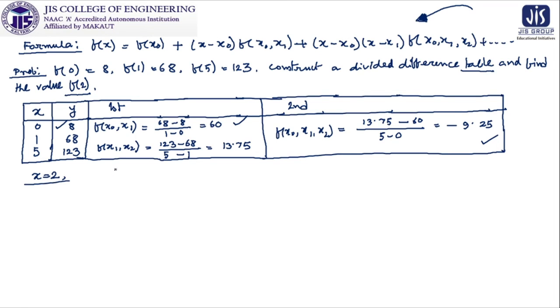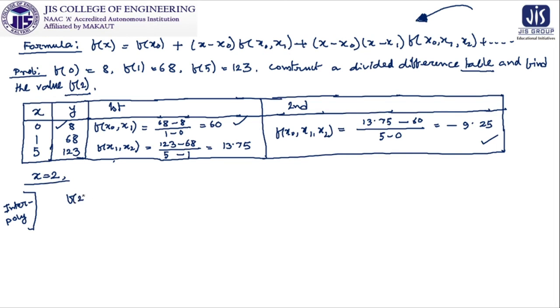Instead of that, if we have to find the interpolating polynomial, then we will not write x equal to 2, we will write the whole equation in terms of x, and we will get the interpolating polynomial. So it is my request that in your leisure time, please find the interpolating polynomial for this divided difference problem.